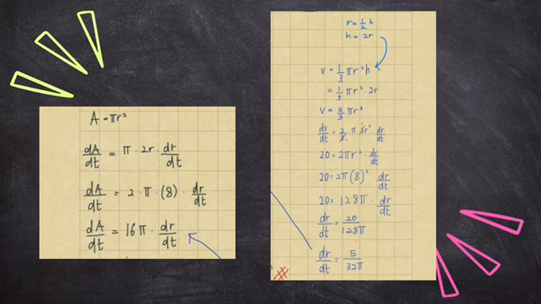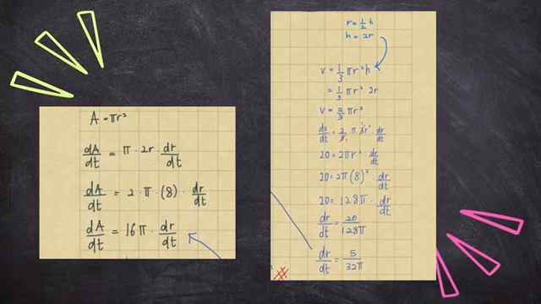Now we need to find the dr/dt value. In finding the value, we need to use the volume formula, which is 1/3 πr²h. In this formula, there are two variables, r and h.